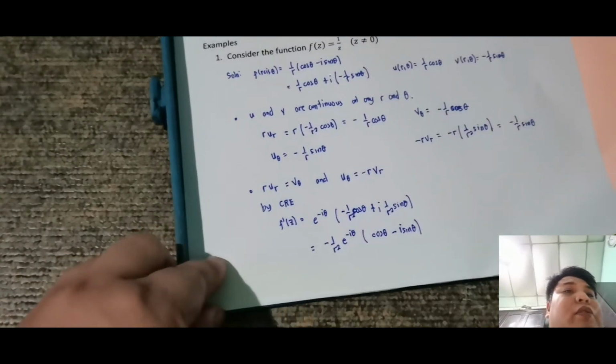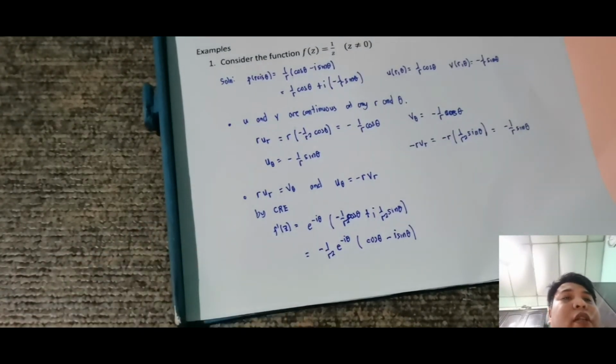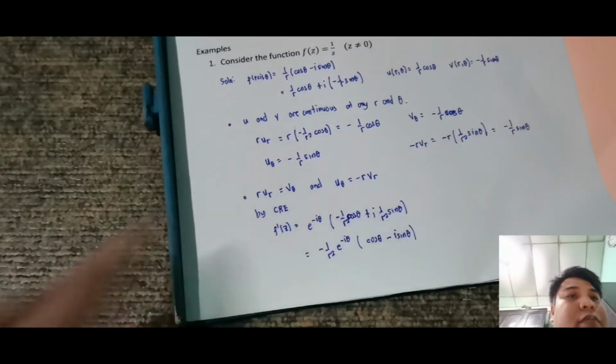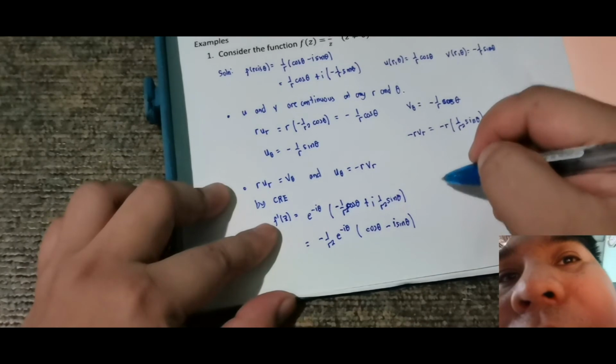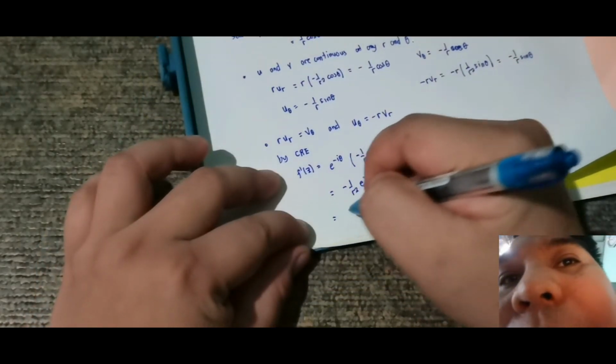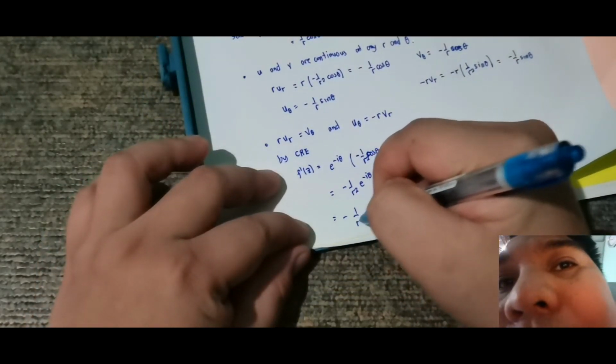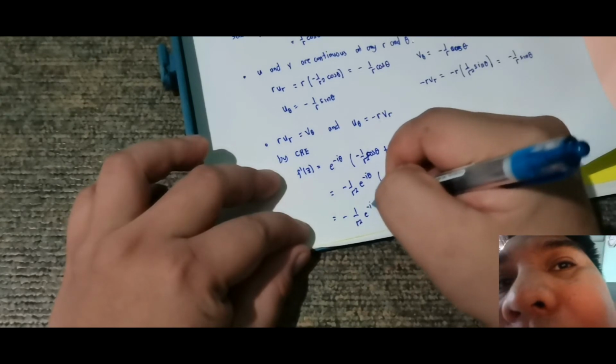Tama. So next, ano napapansin mo dito sa part na to? Sir, nilabas mo yung negative. So what is cosine theta minus i sine theta? So isipin na, what is cosine theta minus i sine theta? Pwede ko siyang gawin ganito. Ito lang ha, this is negative 1 over r squared e raised to negative i theta.